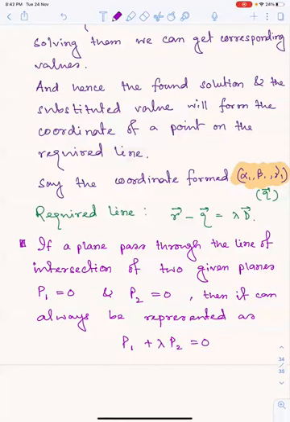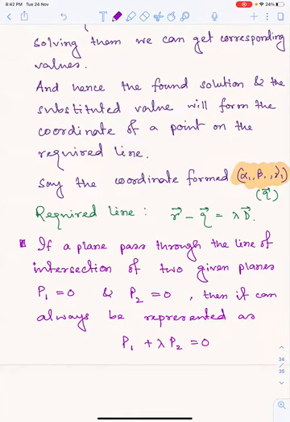So it is quite similar to the line case in two dimensions. In two-dimensional geometry, if we are given two lines, L1 equals 0 and L2 equals 0, then any line passing through their point of intersection can be marked as L1 plus lambda L2 equals 0, by the idea of a family of concurrent lines. Over here in 3D, we are considering the family of concurrent planes.